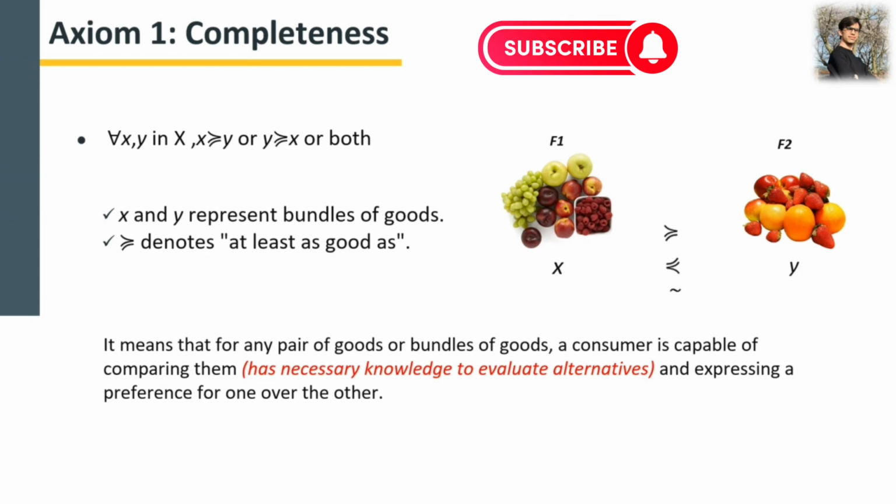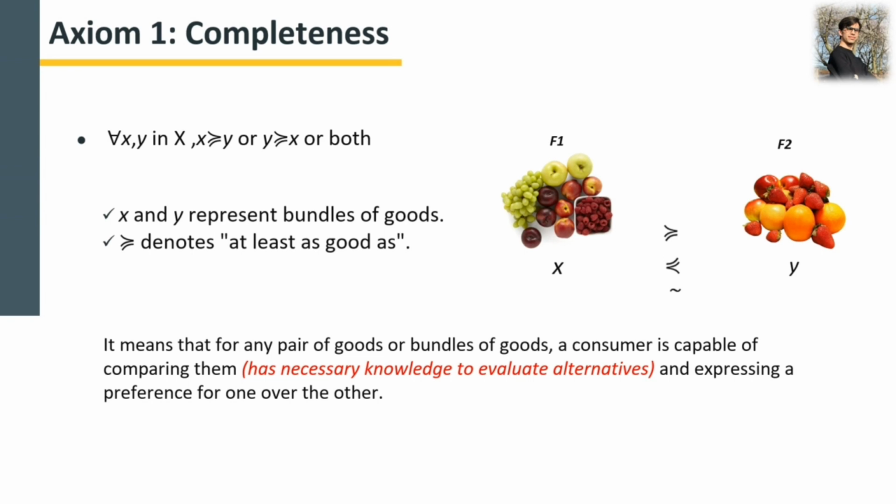So actually, completeness means that for any pair of goods or bundles of goods, a consumer is able to compare them. A consumer has the necessary knowledge to evaluate different alternatives and express their preference for one bundle over the other bundle.